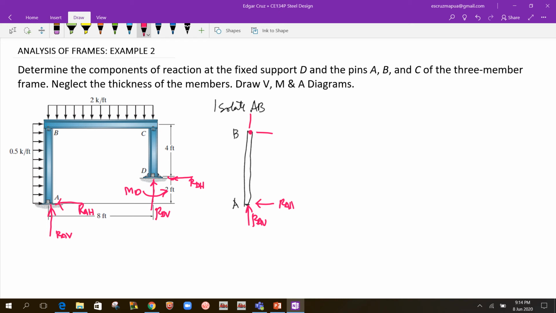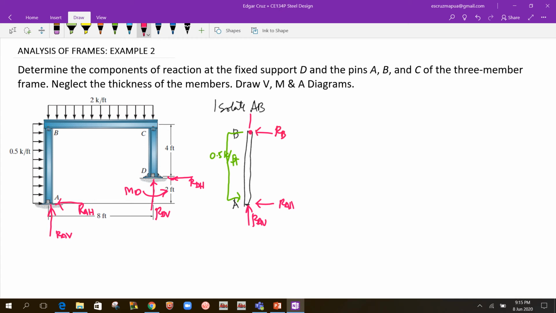Now considering the load, as you can see, we have a uniform load which is distributed over the entire length. That's 0.5 kips per foot. Since the uniform load is to the right, the reaction at B would most likely be to the left.